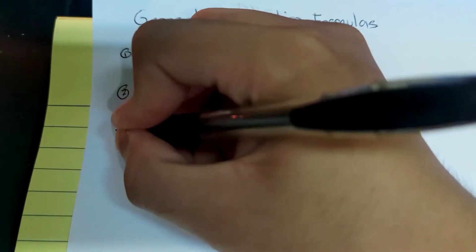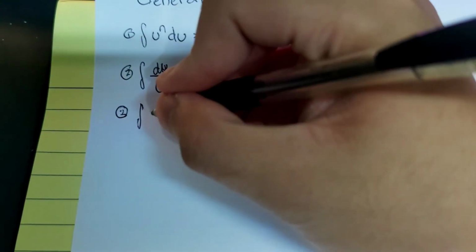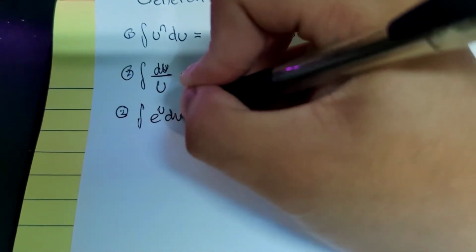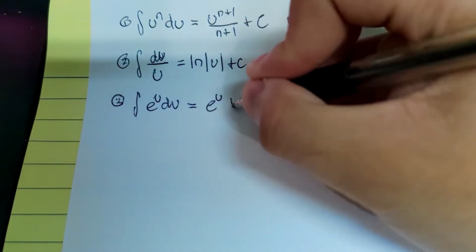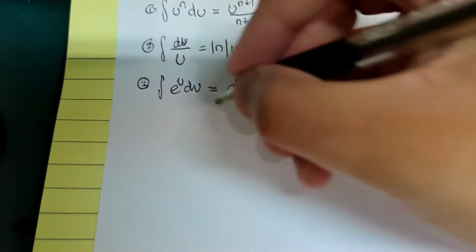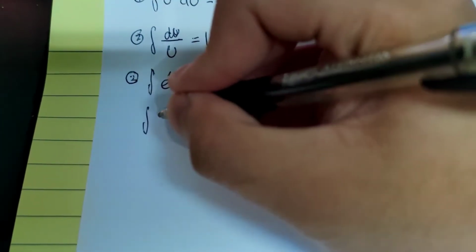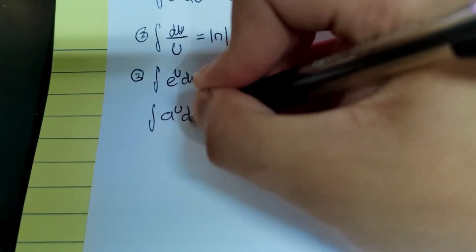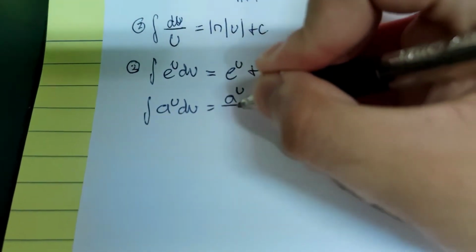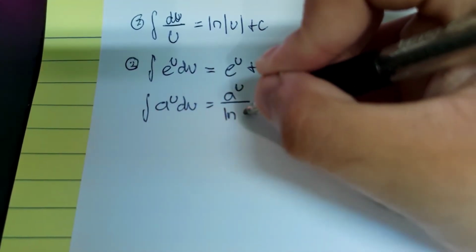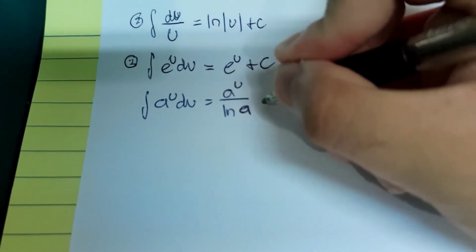The third formula is the exponential: the integral of e to the u du is equal to e to the u plus c. It is similar if you have a constant: the integral of a to the u du is equal to a to the u over ln a plus c.